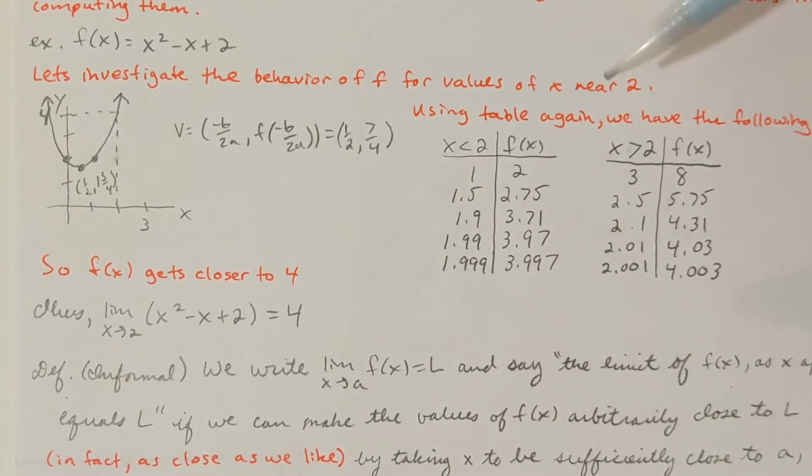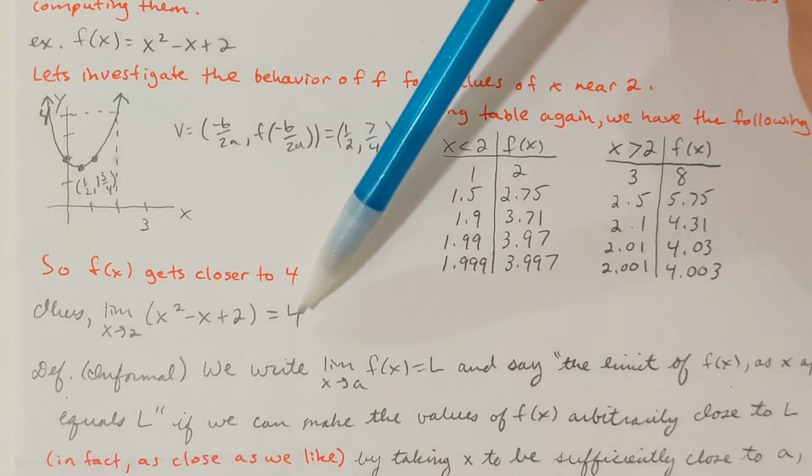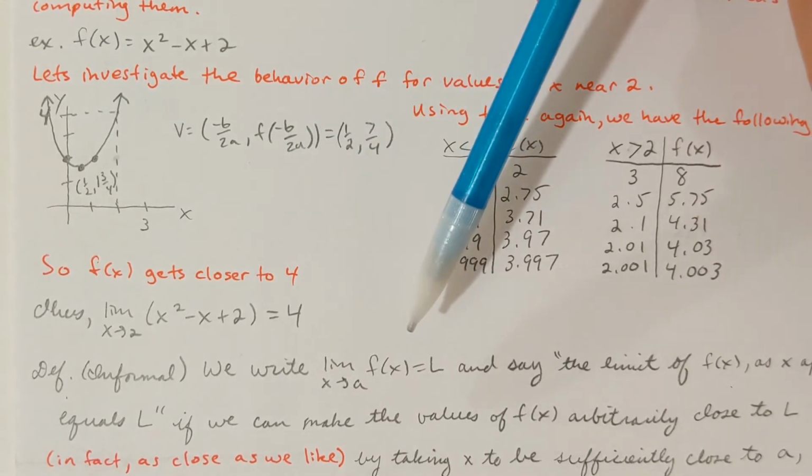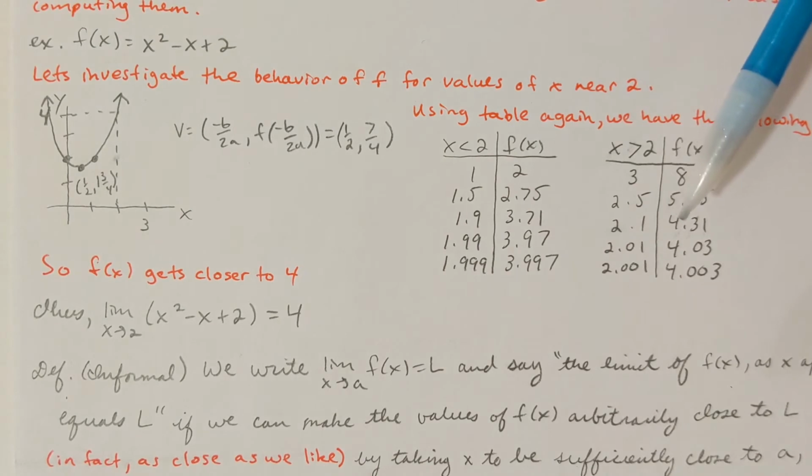Now, one thing that you probably could very easily see here in this problem is that, well, if I just plug 2 into the function, 2 squared is 4, minus 2 is 2, plus 2 is 4. So I could have known that f of 2 is 4, right? So why do all this?